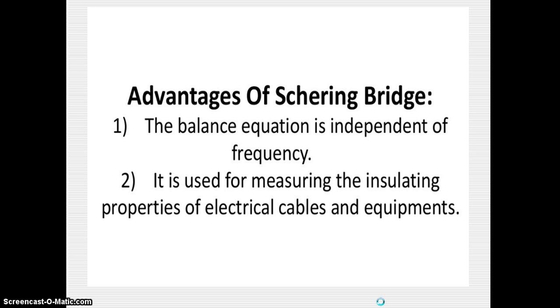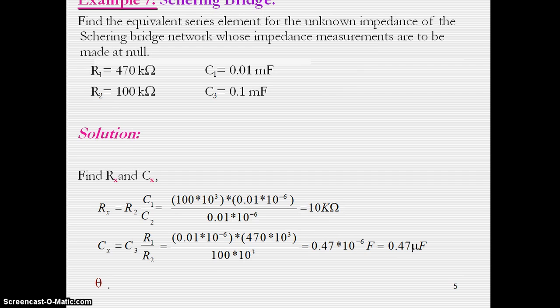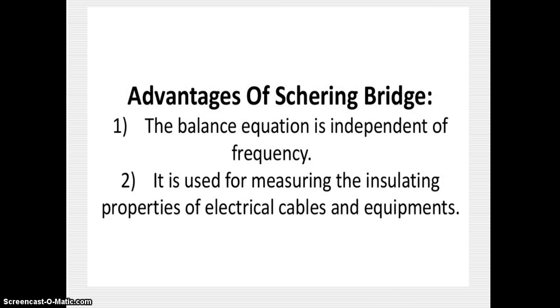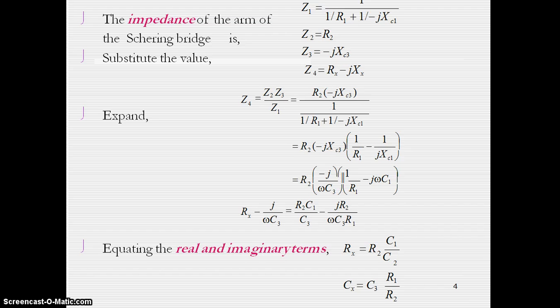Then the advantages of Schering bridges: the balance equation is independent of frequency. It is used for measuring the insulating properties of electrical cable and equipment. While getting the derivation, we are assuming the bridge circuit has no Schering coupling.